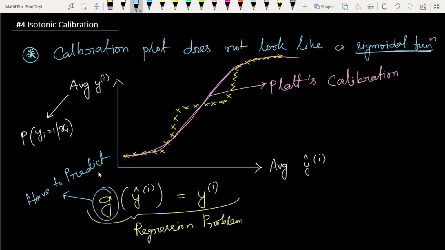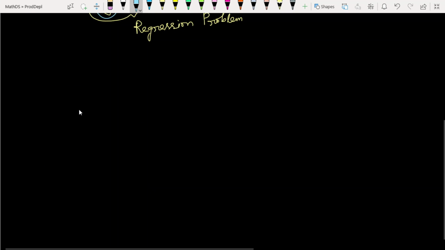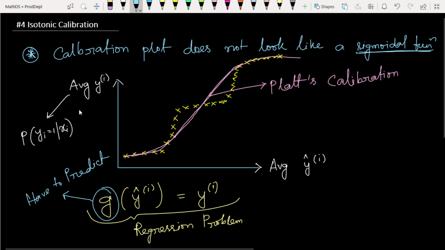That's the simple job we have to do. This is called the calibration function, and this comes from the calibration slide we have seen. Now let's see what isotonic calibration is.